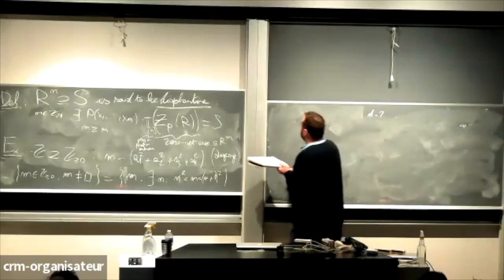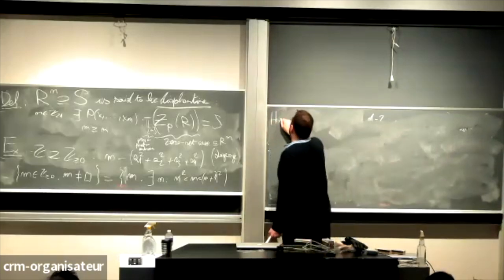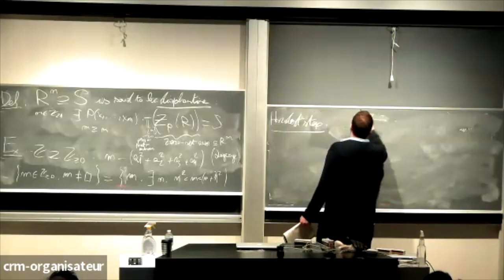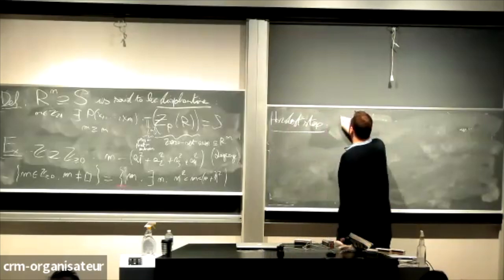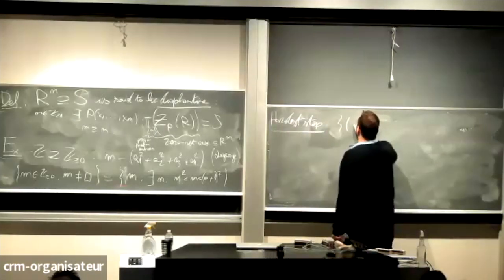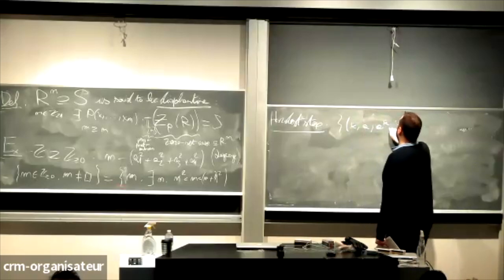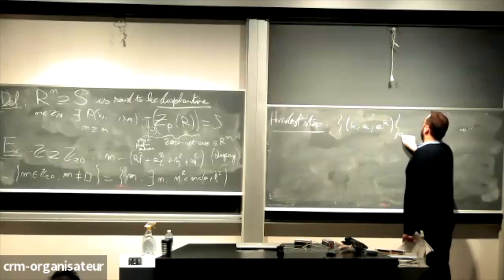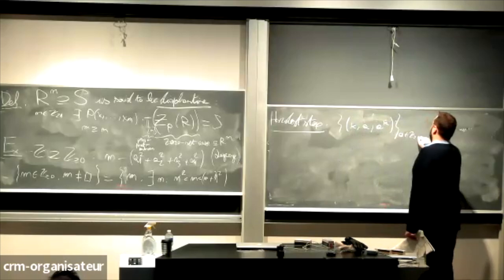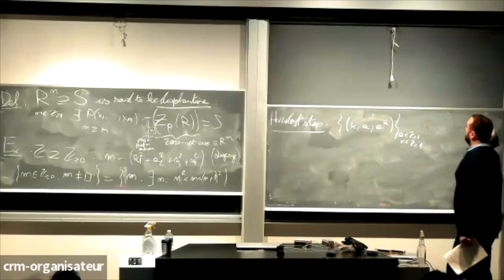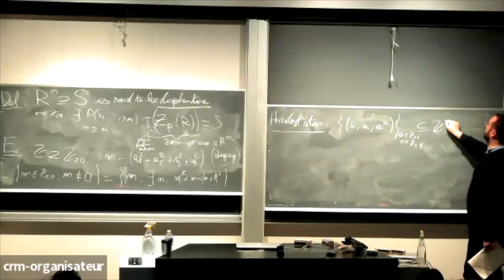The hardest step of the proof is very elementary, and is the following: it's to prove that the set of (k, a, a to the k), with a in Z and k in, let's say, inside Z cubed, is Diophantine.